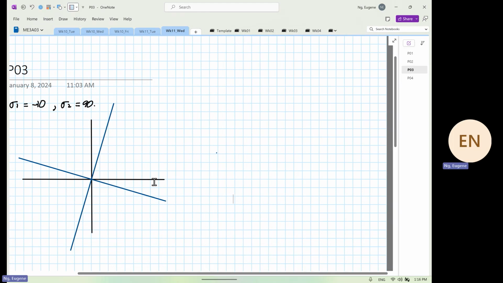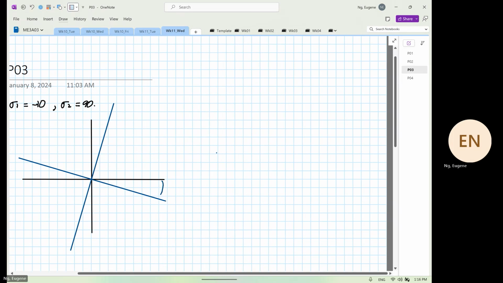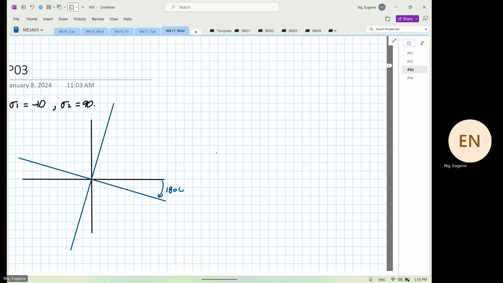So we know that this has been rotated by 18.4 degrees. From here, we are going to draw an element sketch.